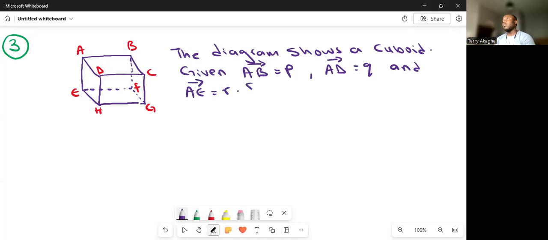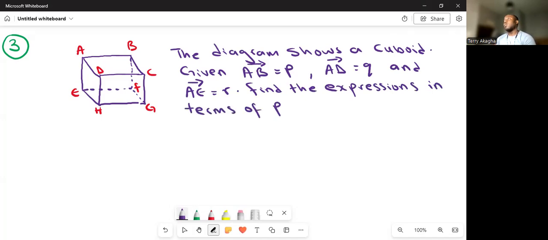Find the expressions in terms of P, Q, and R.